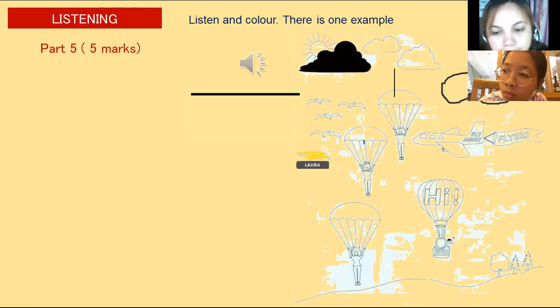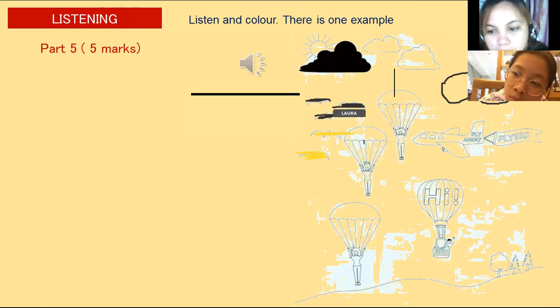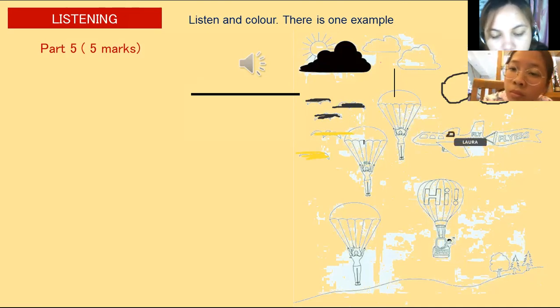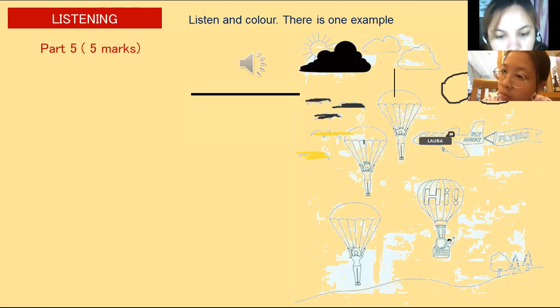3. If you look at the plane, you can see it has 3 windows. Yes. Now, draw another one. A fourth window on the plane. Yes. And colour it green. Green. Okay. Four.